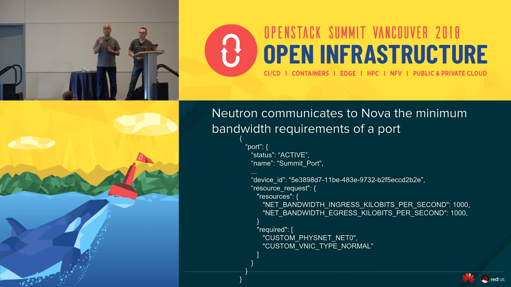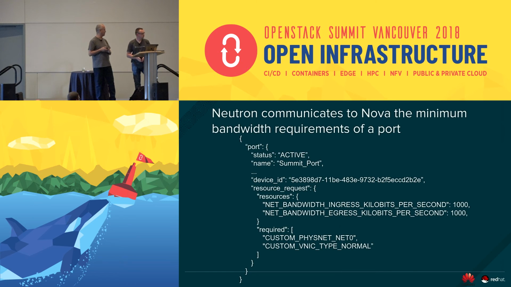So what we are trying to avoid here is having Nova make another REST API call to get the QoS policies. So we are piggybacking on the existing calls that Nova does anyway to Neutron, and we are adding a new resource request that is going to include, in a summarized way, the minimum requirements for that port.